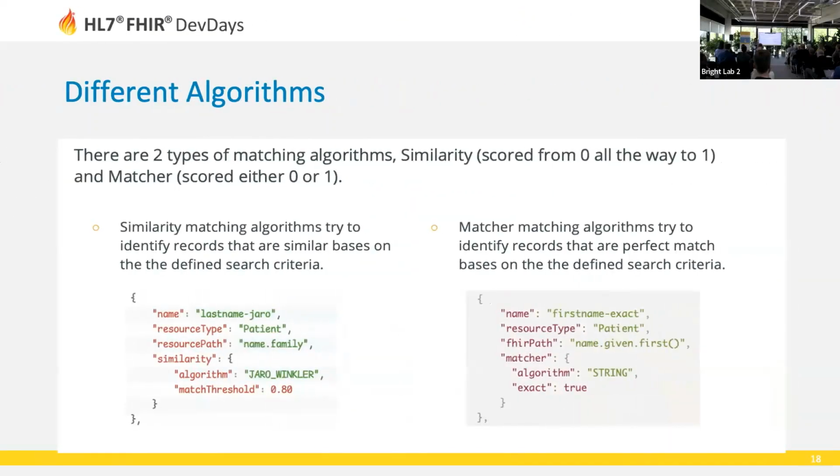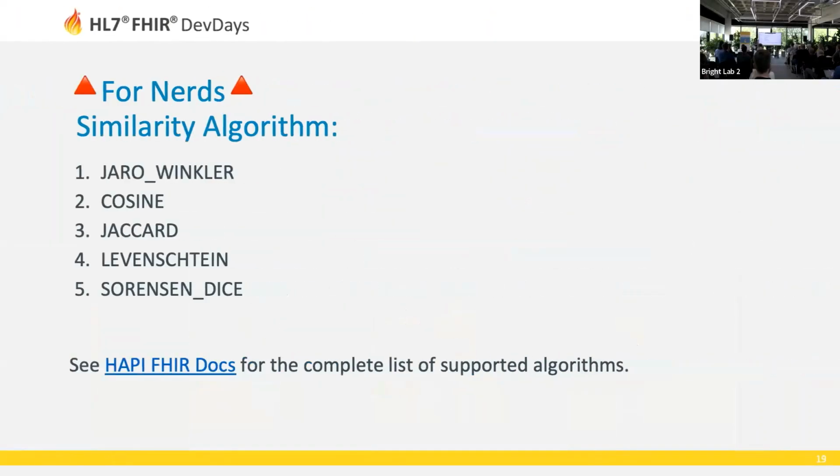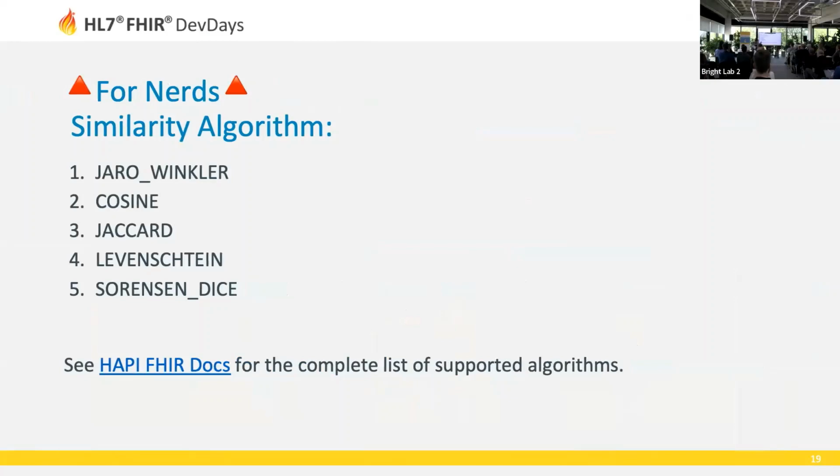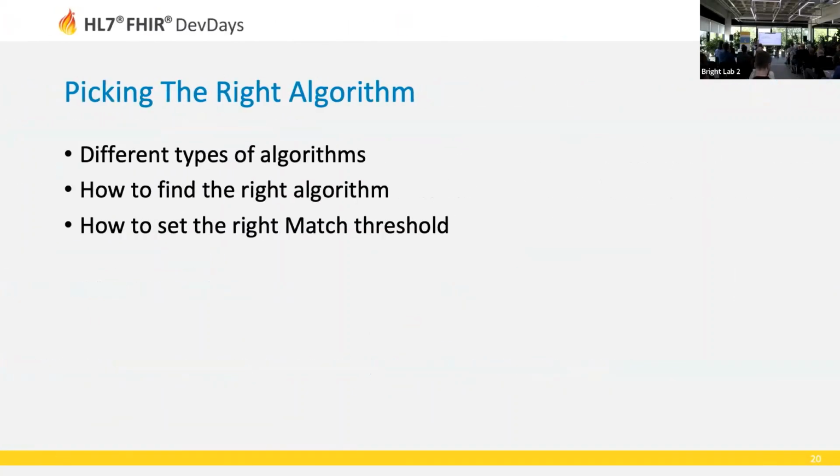So we have two different types of algorithms: similarity and matcher. Similarity algorithms score from 0 all the way to 1, and matchers give 0 or 1. You can always refer to the HAPI docs if you want to take a look at the algorithms; you can find more information there.